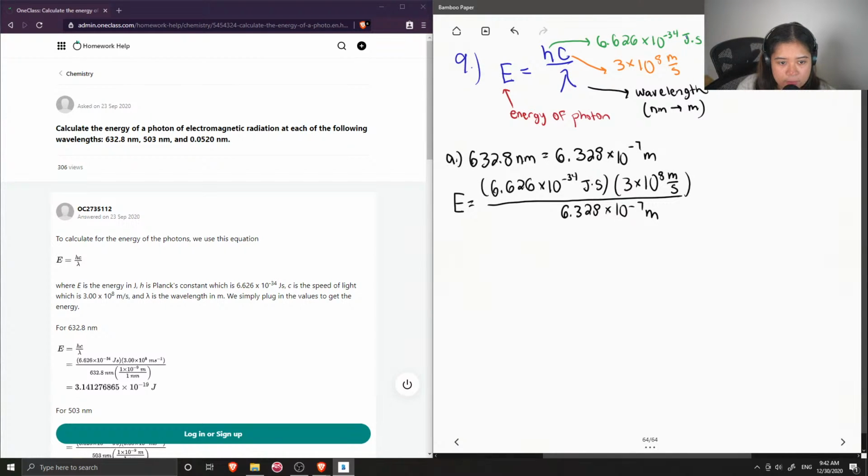So the units for seconds will cancel out, and the units for meters will cancel out. And our answer is in joules, which is 3.14 times 10 to the negative 19 joules. Okay, so we can do the same thing for B.